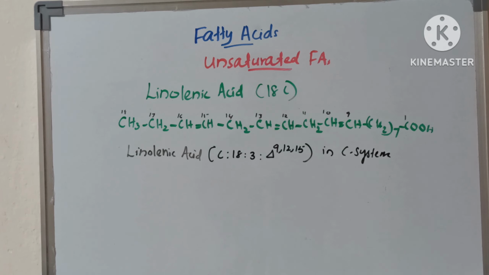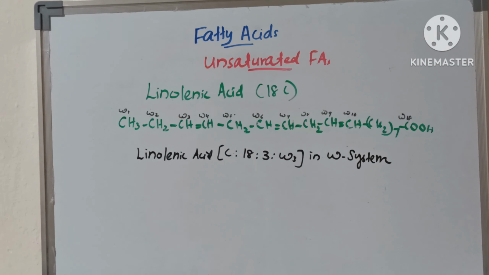That is in the C system. In omega system it is written as C18:3 omega 3. Here 18 carbon atoms, 3 means 3 double bonds. Omega 3 means first double bond is between omega 3 and omega 4 carbon atoms. That is in omega system.